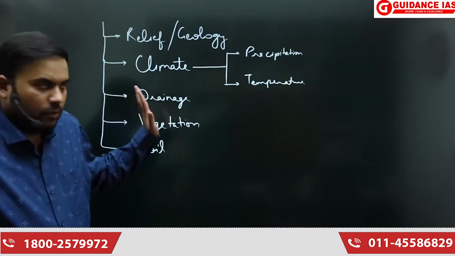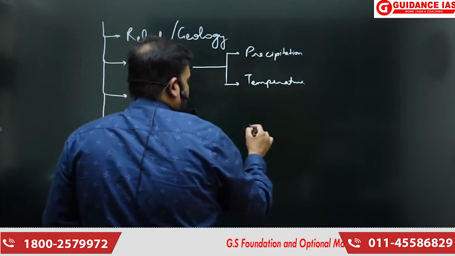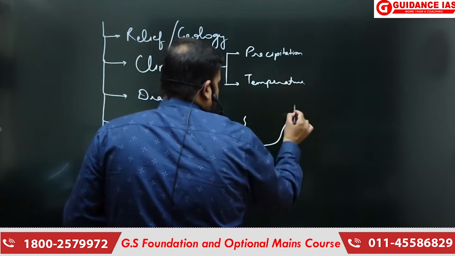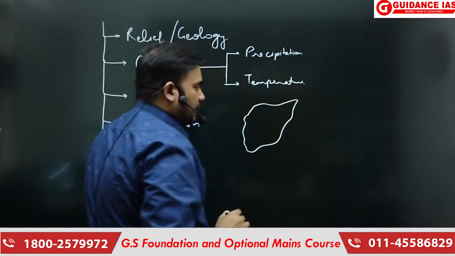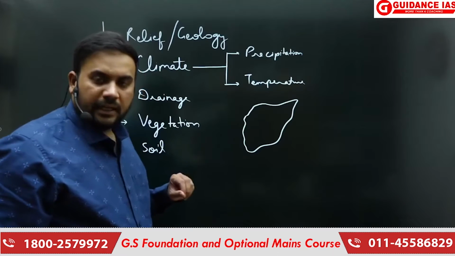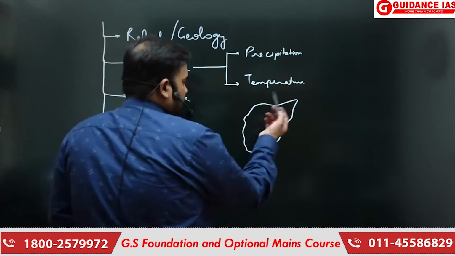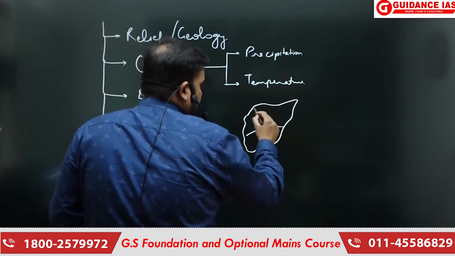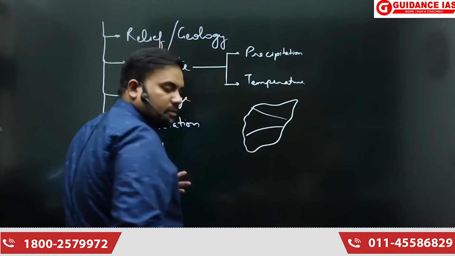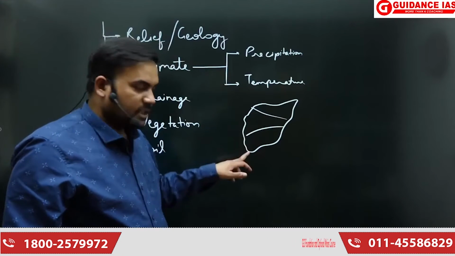Can I do one thing? Suppose I am talking about relief and geology. Suppose I am talking about an area which is Telangana. So can I draw which area would be, for example, what temperature, high or medium or low? The temperatures can be drawn, precipitation can be drawn.